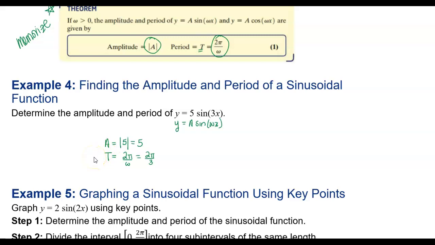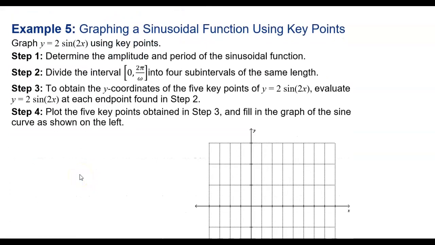All right, so now we're going to actually talk about graphing sinusoidal functions using key points. And this is what I really like about graphing trig functions, is that it is so very methodical. So step 1 is always determine the amplitude and period. So step 1, a equals 2, and the period T equals 2 pi over omega, which is 2 pi over 2, or in this case, pi.